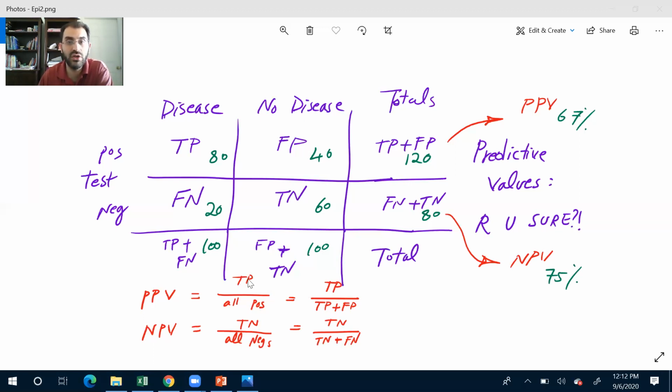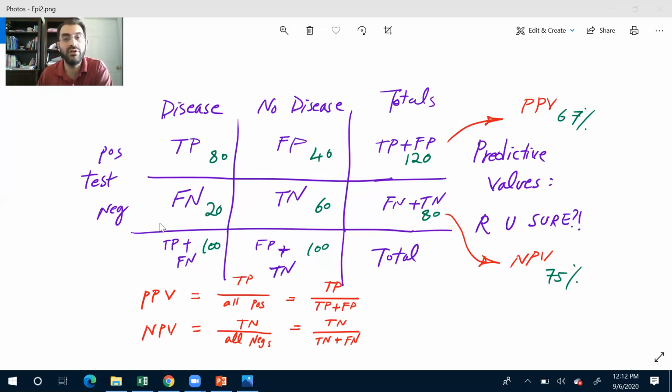True positive over all the positive results will give you positive predictive value. How sure you are about a positive test is positive predictive value.